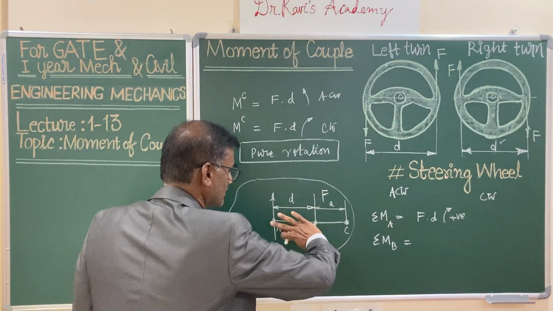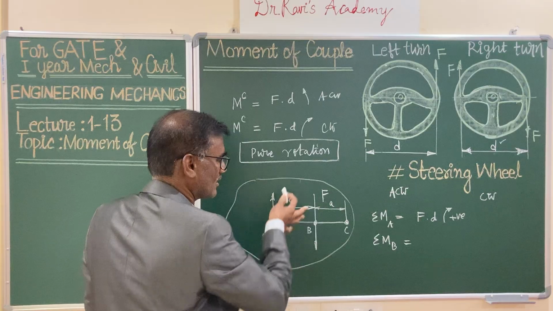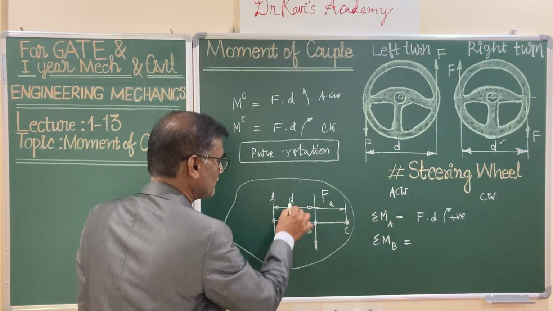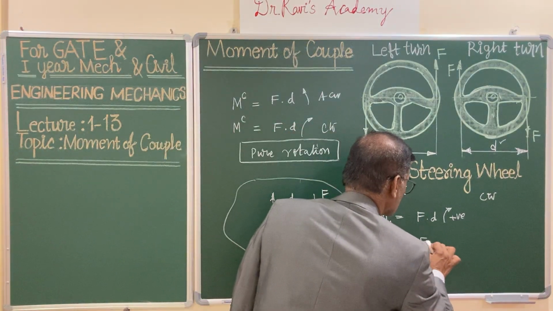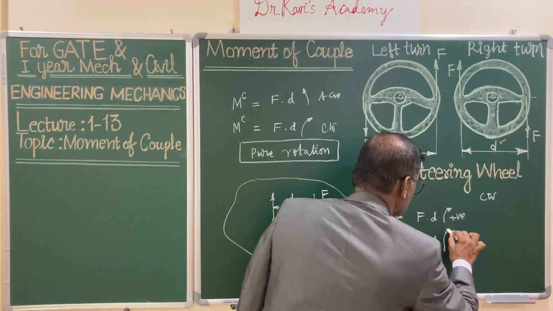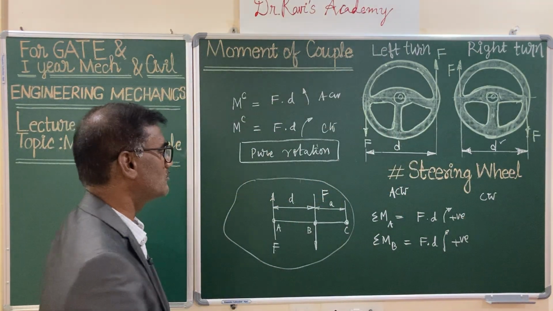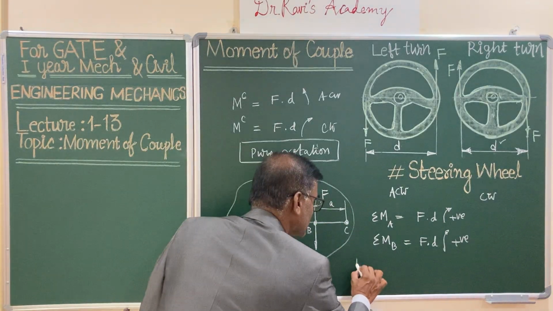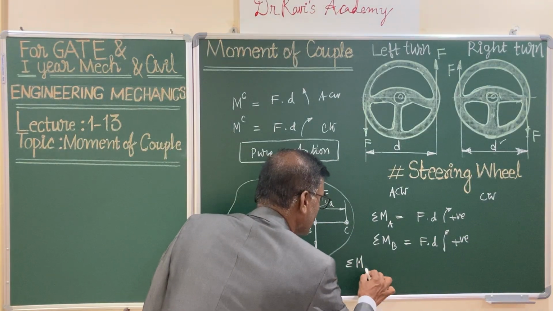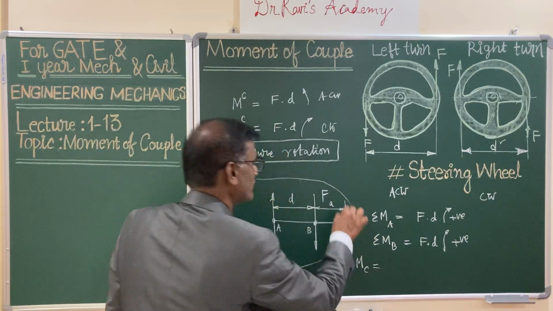About this particular force it is having a tendency again clockwise only, F into the moment arm d. That is also clockwise, you can treat that it is positive. And lastly, let us write down the moment sum about point C. That is sigma Mc is equal to, this is the moment center.